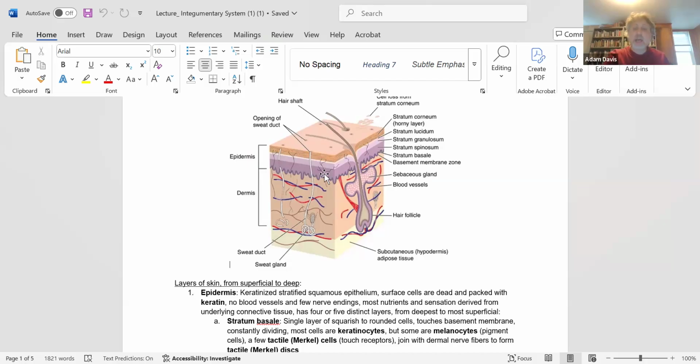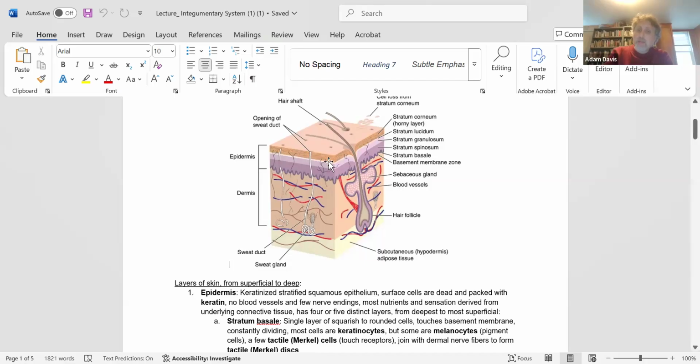So that's mostly what you get in this layer. Now, gradually, as you work your way up through the stratum spinosum, the cells get smaller and flatter as they get further and further away from the blood supply that comes in through the dermis. The higher up you go, the less nutrients they get, the less oxygen supply they get.